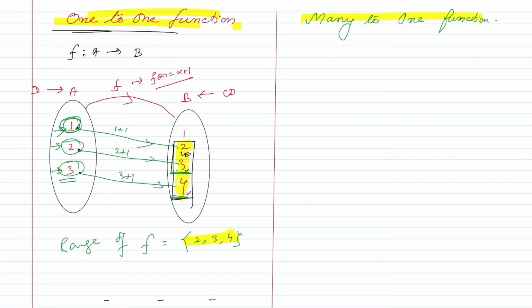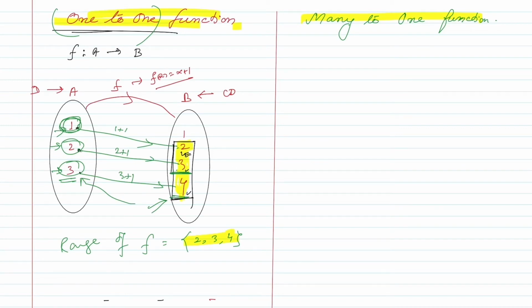Such functions are known as one-to-one functions, because one element of this set is associated with only one element of set A. That's why it is known as a one-to-one function.